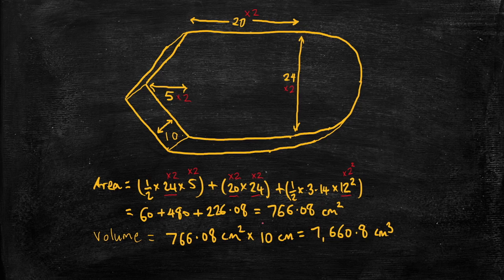And so when it comes to figuring out the area of the new shape, if we increase each of the dimensions by 2, the area is going to increase by a factor of 2 squared. So it'll get multiplied by 4. And 766.08 times 4 comes to 3,064.32 square centimeters.